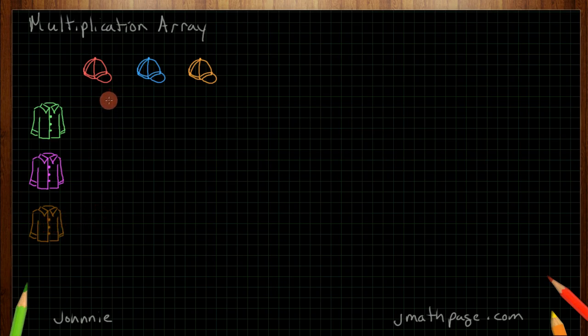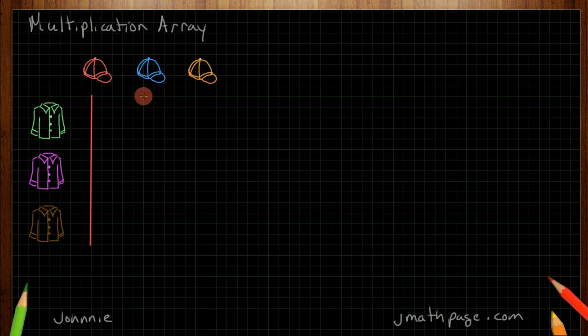Now, if we're wearing a red hat, these are the choices of jackets we might wear. So we might start by wearing a green jacket. We could have a red hat with a purple jacket or a red hat with a brown jacket, right? Okay, that's good so far. What about our blue hat?